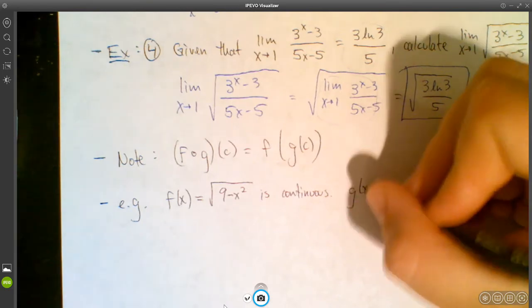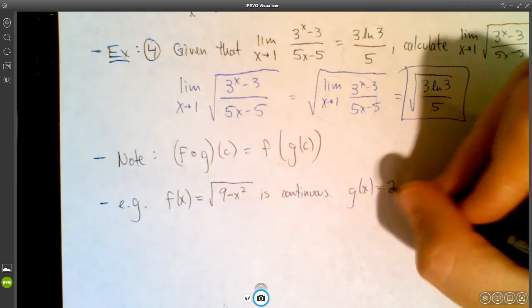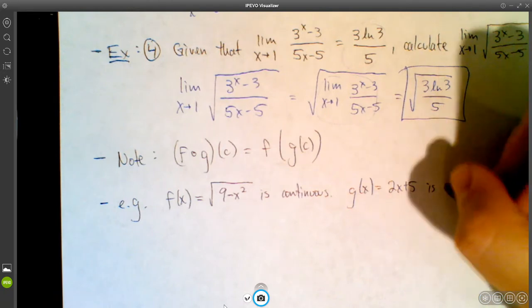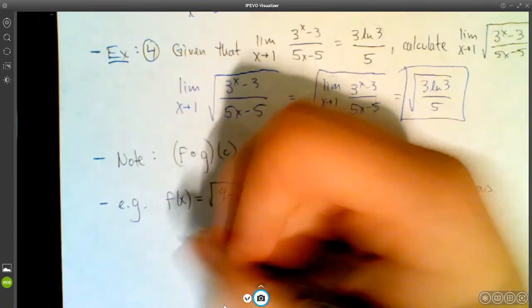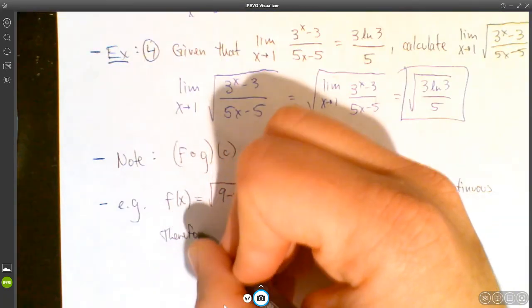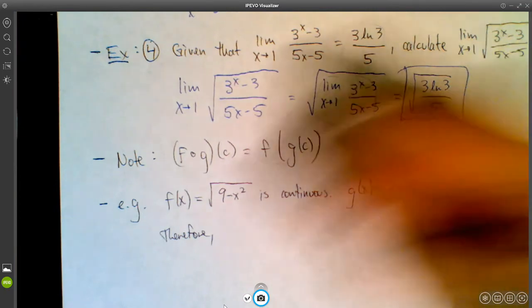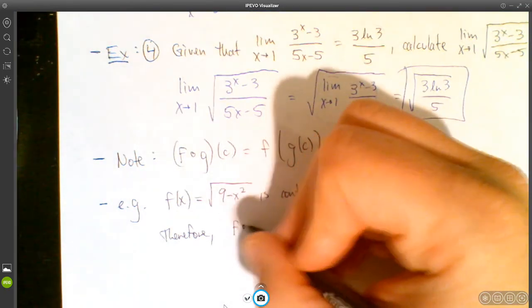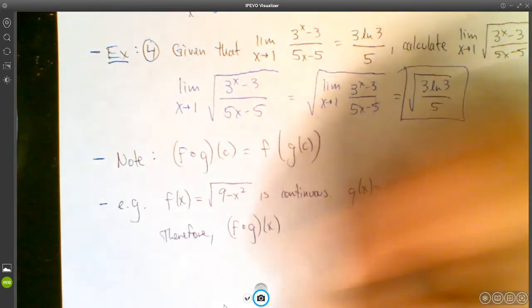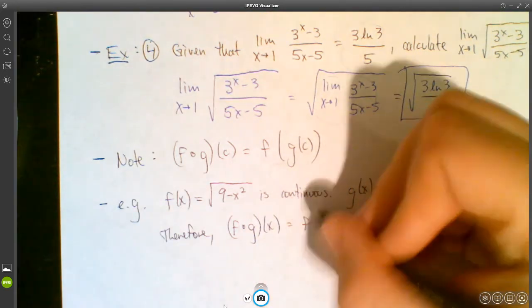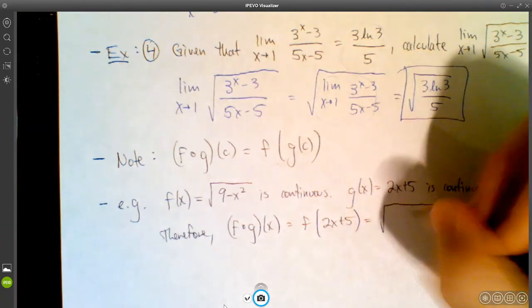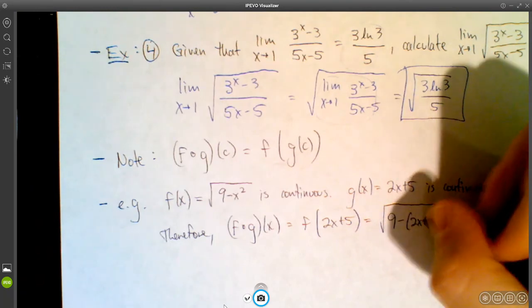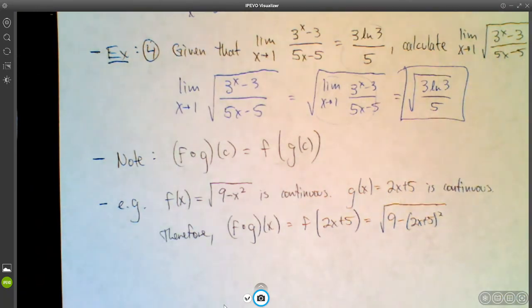So maybe we could say g of x equals 2x plus 5 is continuous. So therefore f of g of x, which equals the square root of 9 minus (2x + 5) squared, is also continuous. It must also be continuous.